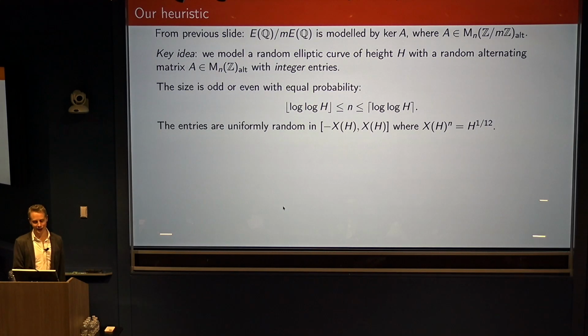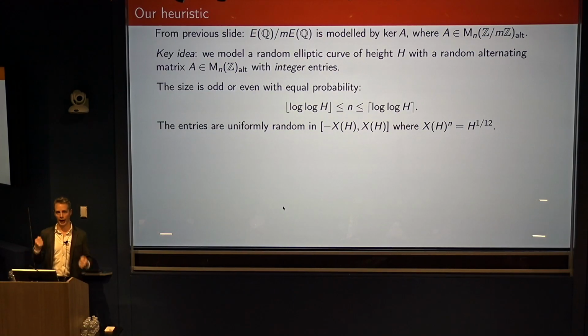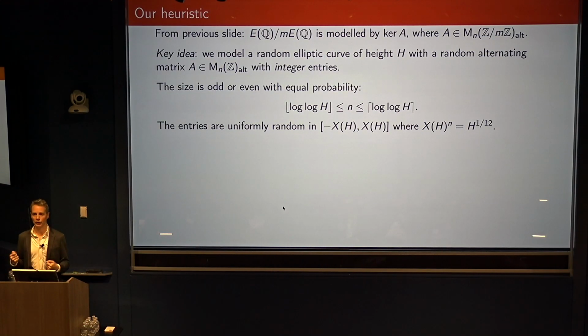The entries are uniformly random integers of size up to some function x of h. The way that we tune the model, or normalize the x's and the n's for a given height, uses rank 0 BSD. So again, these are things that we know, or if you want to think of it as experimental observations that we have made, the model has to represent reality, and it tells us this is the scale that we should be using.